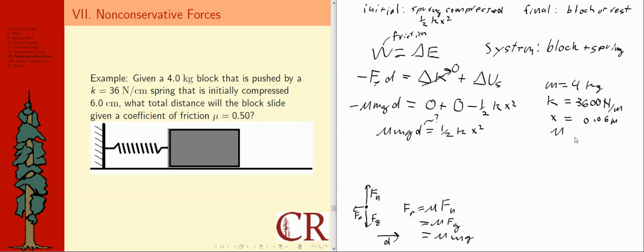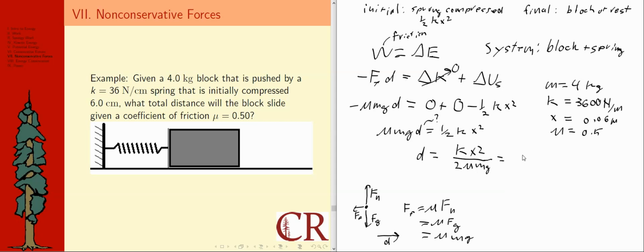The one other thing I got from the problem statement is that the coefficient of friction is equal to 1/2 or 0.5. D is what we're solving for, so I'm just going to divide both sides by mu mg, and I'll put the 2 down here with those things I divided by.